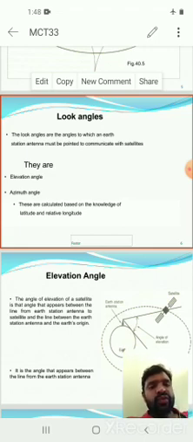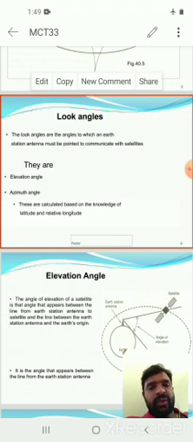This is used for pointing the position of the earth station toward the satellite position. It can be measured by the look angles.